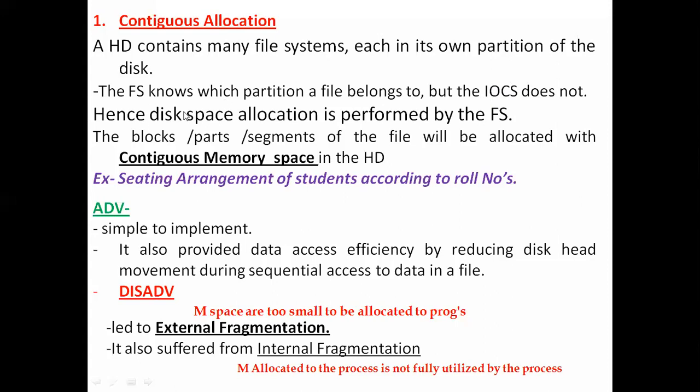In contiguous allocation, the blocks, or small segments of the file, will be allocated in contiguous memory space available in the hard disk. The locations where we store the files will be contiguous in nature.